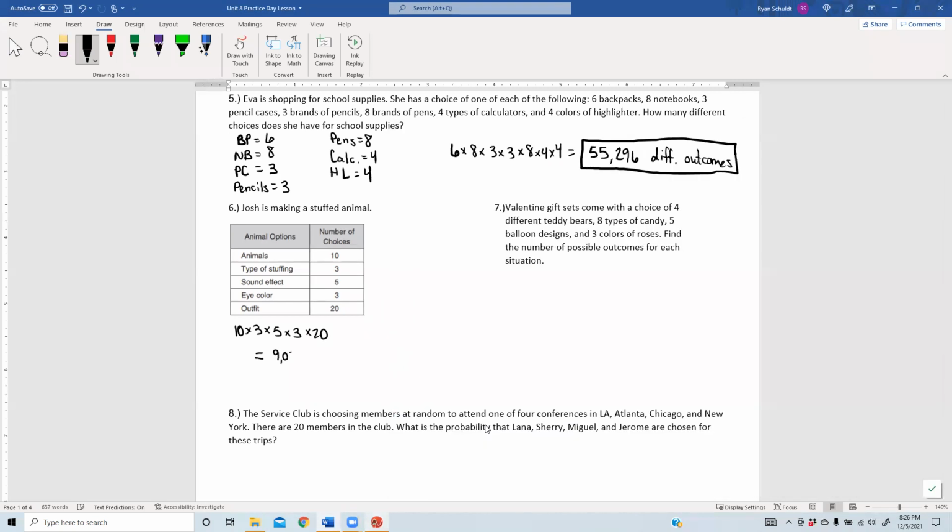So 9,000 different outcomes, because he's got to pick one of each.